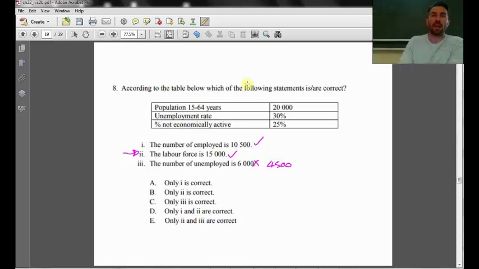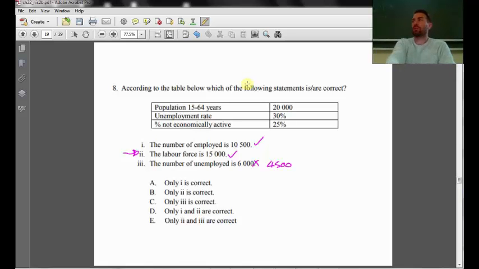So if not in the labor force is 25%, then in the labor force is 75%. So 75% of 20,000 will give you 15,000. Now you've got the labor force, you've got some other percentages. I would argue it's pretty straightforward to then do the other two calculations. Okay, cool.